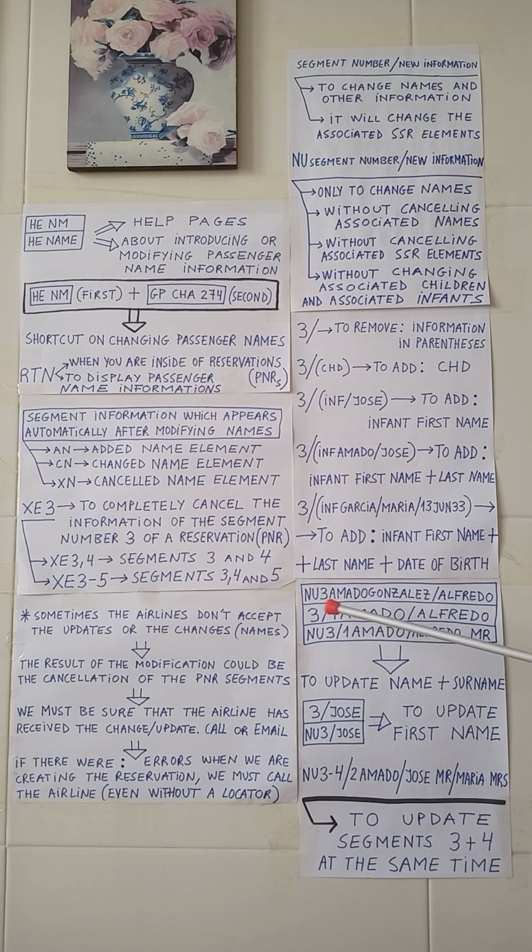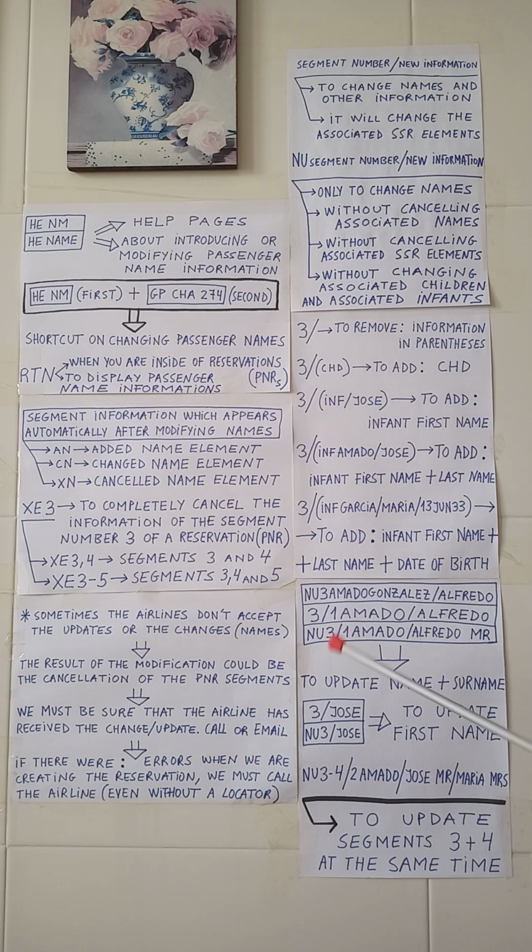First transaction, NU3 Amado González/Alfredo, allows updating one first name, Alfredo, and 2 last names, Amado González, using the code NU at the beginning of the transaction.